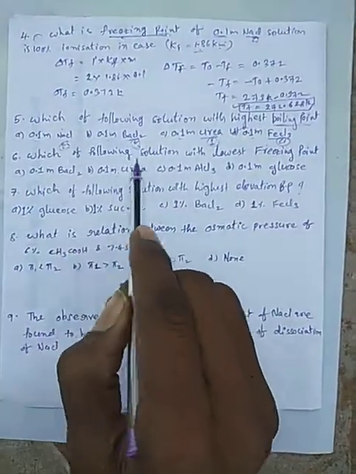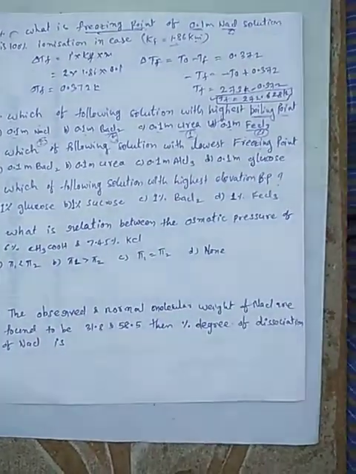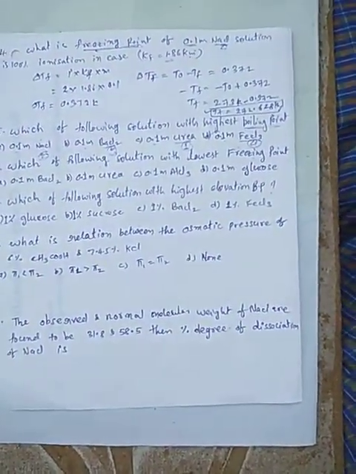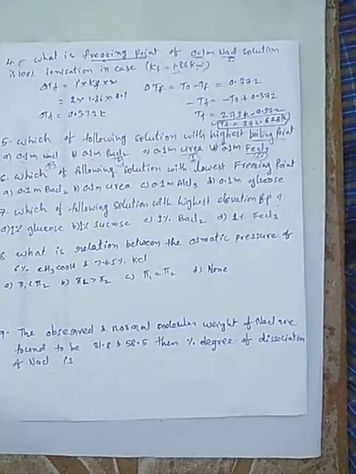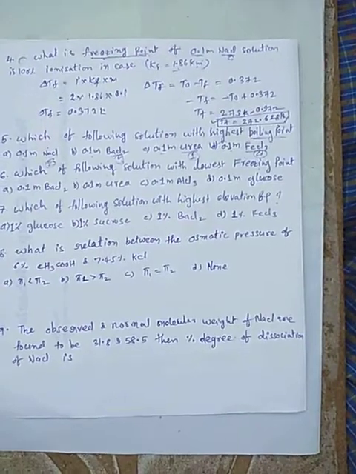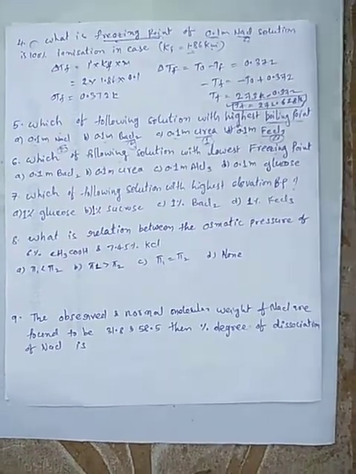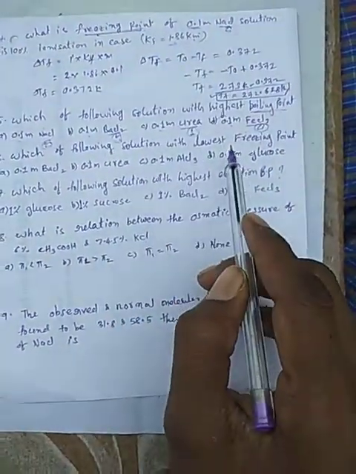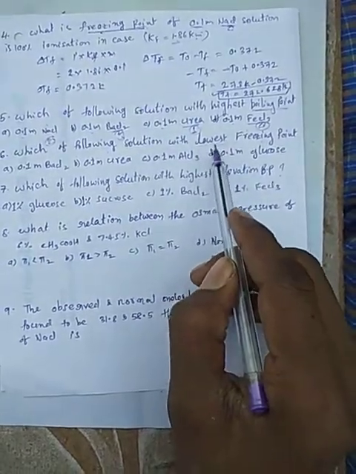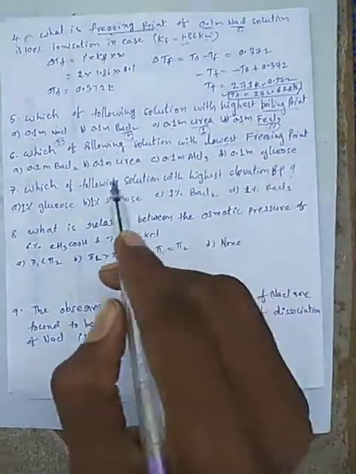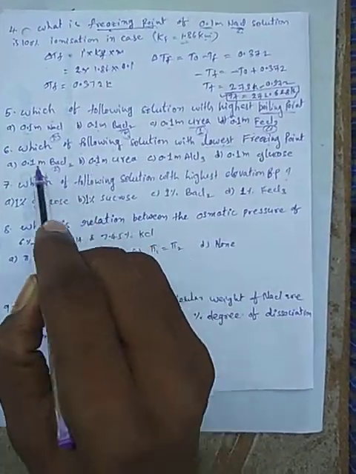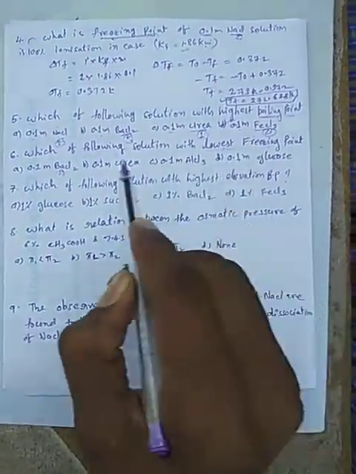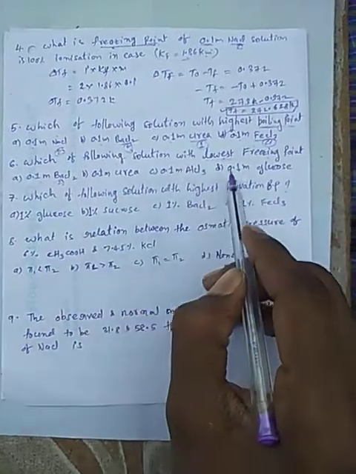Now which of the following has the lowest freezing point? The number of ions and freezing point, the i values are inversely proportional. Here the concentration is also the same, 0.1, 0.1, 0.1, 0.1.